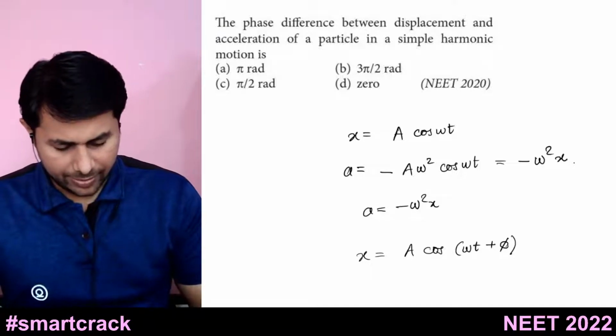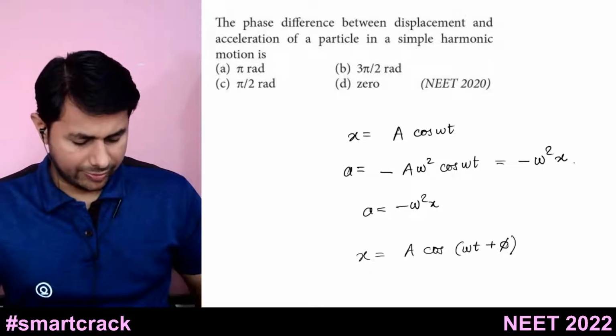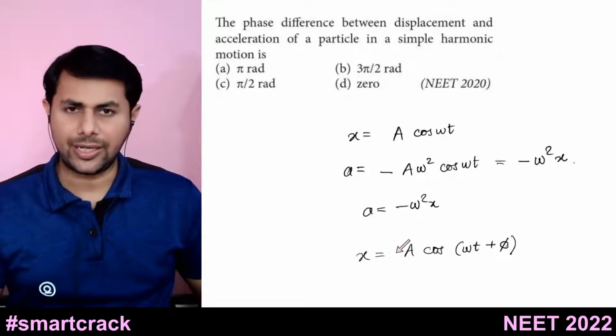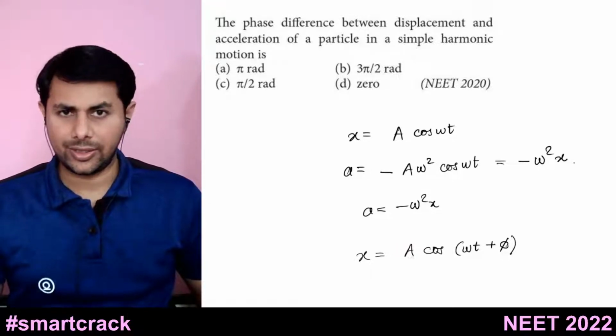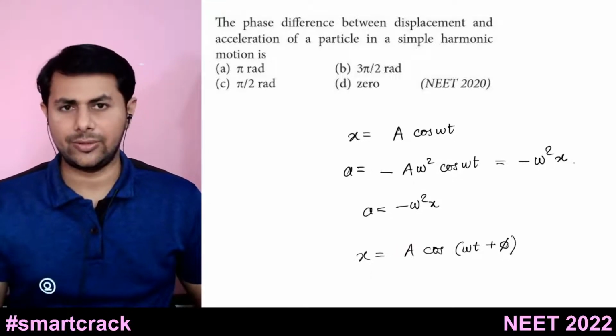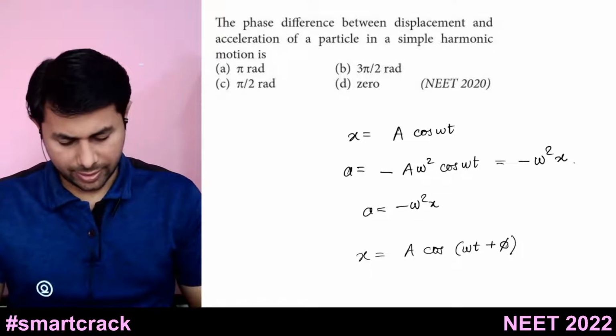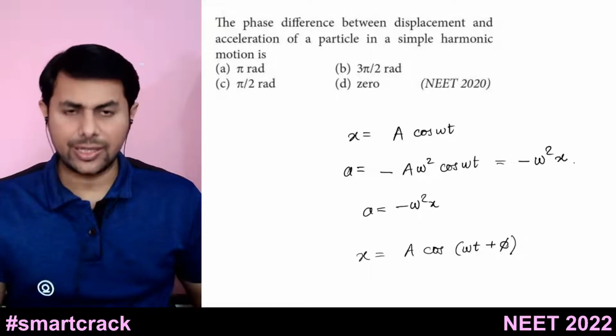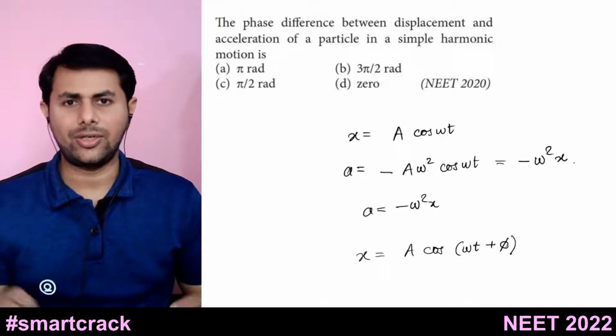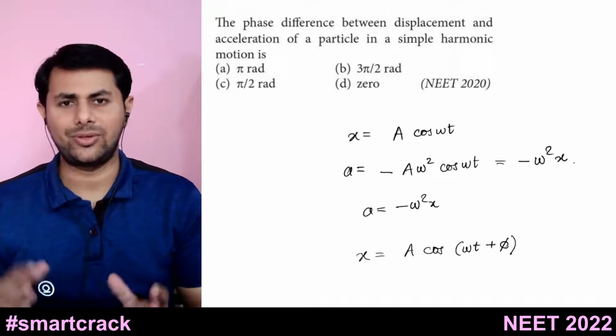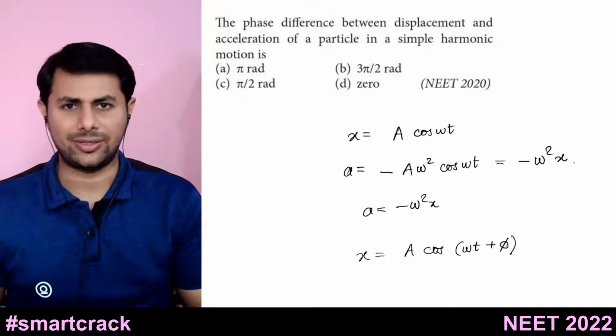When will you end up, at what value of phi will you end up with the negative sign, minus of a over here? So let's say t is equal to 0. So for what value of phi will you end up getting a negative sign? So cos of pi equals minus 1, right?